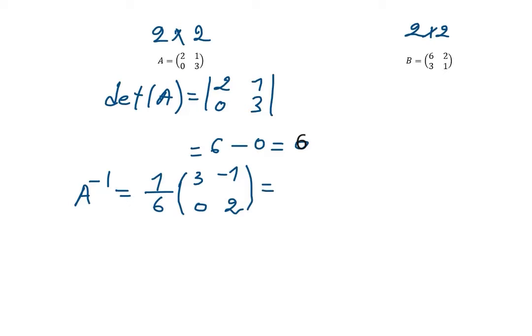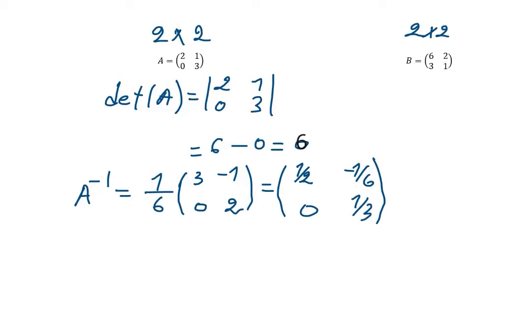When we multiply by 1 over 6, it will be 3 over 6, which is 1/2, and minus 1 over 6, and 0, and 2 over 6 is 1/3.